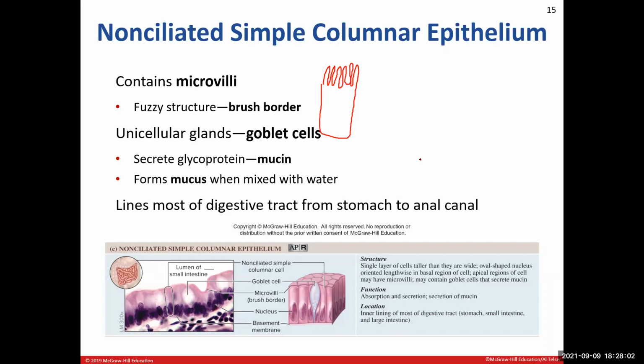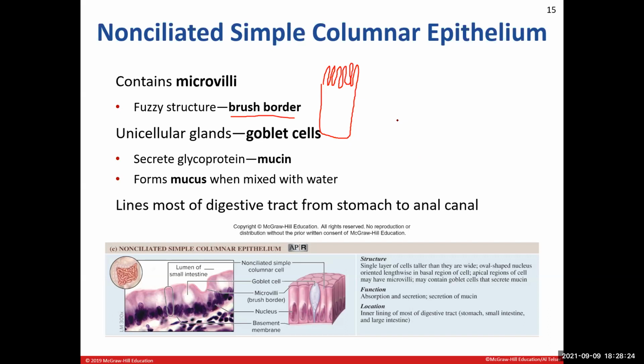Since we have microvilli, when we're looking at it under a microscope, we'll describe it as a brush border because it looks like the top of the cell is nice and fuzzy. We'll notice in this epithelium we have our first type of gland, and that's our goblet cells. That's a unicellular gland, which means one cell. It makes the mucin.